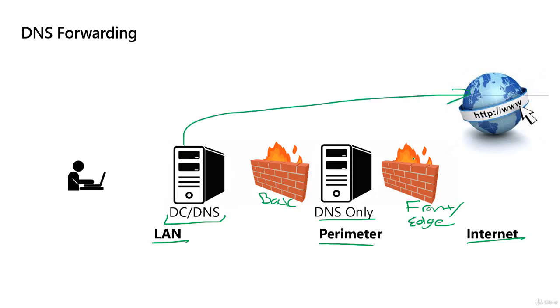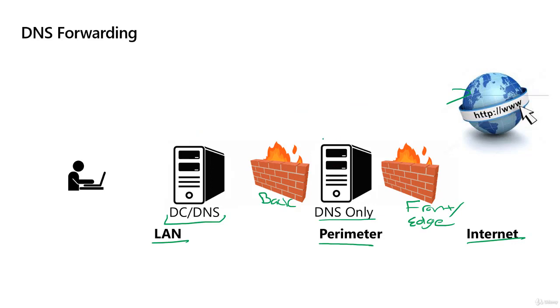That creates just a lot of concerns, because if this connects to something on the internet directly and it's compromised in any way, it stores all your user accounts, your computer accounts. So we want to make sure that does not happen. Easy way to make sure it does not is to have your DNS installed on a server in your perimeter network.